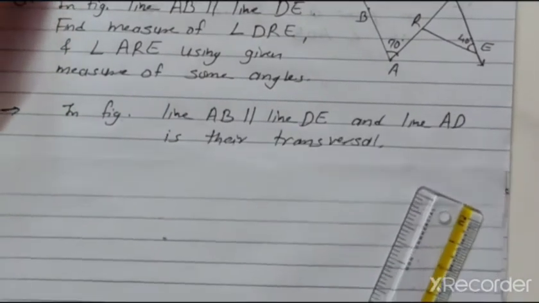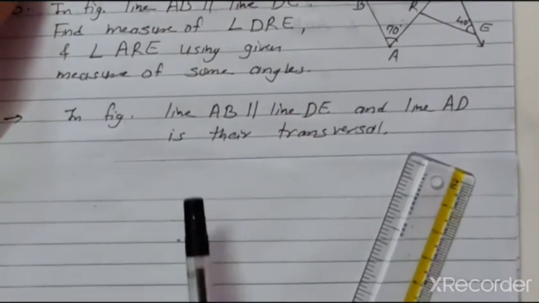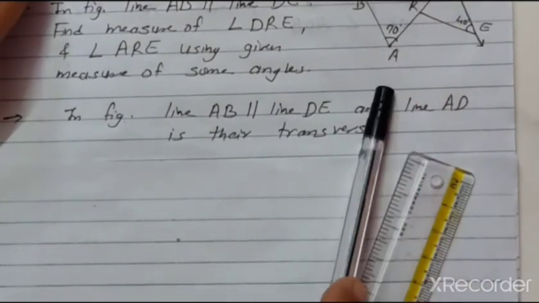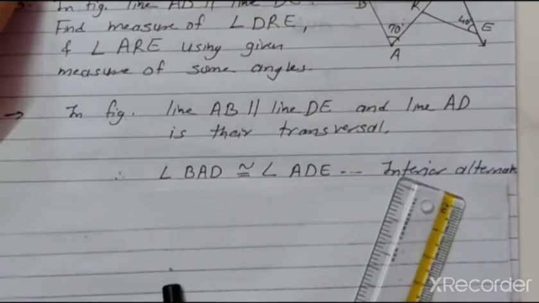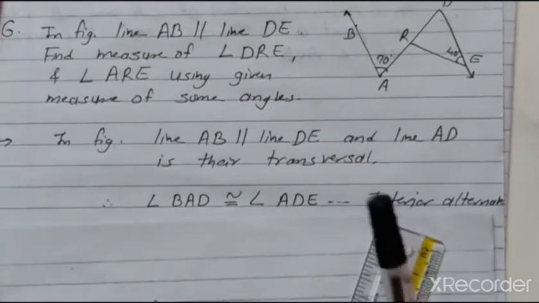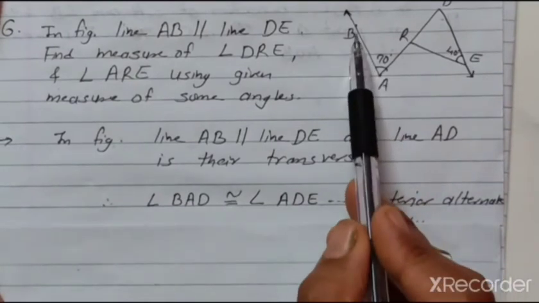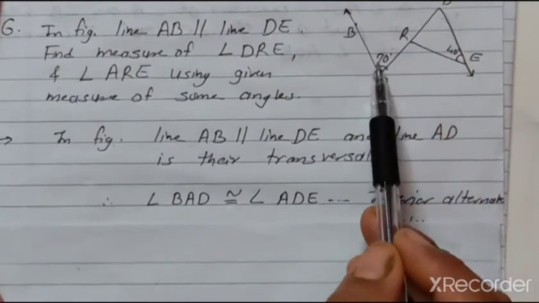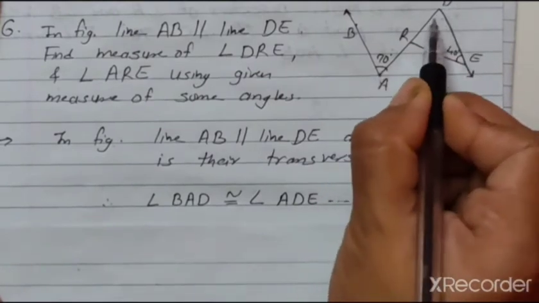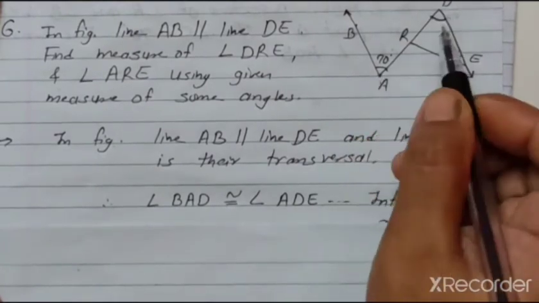So let us write down all these points. From this figure, line AB is parallel with line DE, and when AD is their transversal, these two angles, the first named angle BAD, this angle, and the second named ADE, this angle, are congruent.